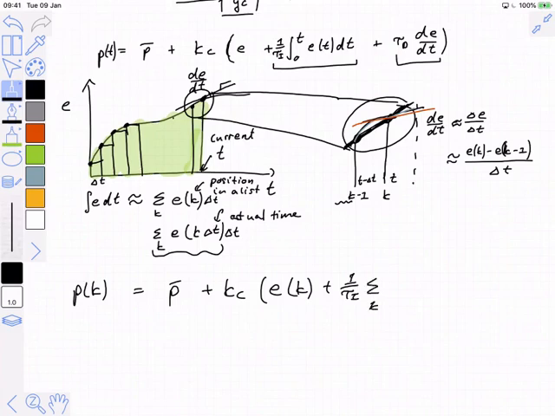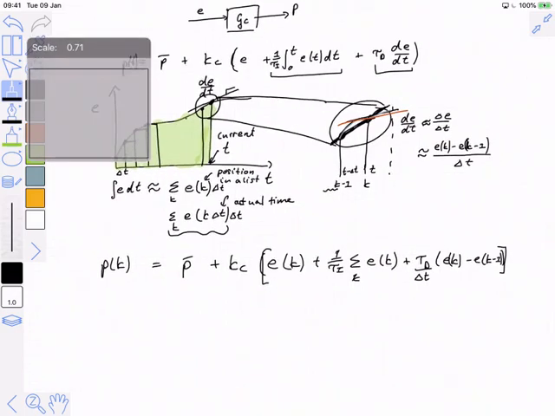So I'm just saying Kc over tau_I, e_k, and you have your difference approximation. Right. And so that is the entire position form. That's the basic idea behind the position form PID.